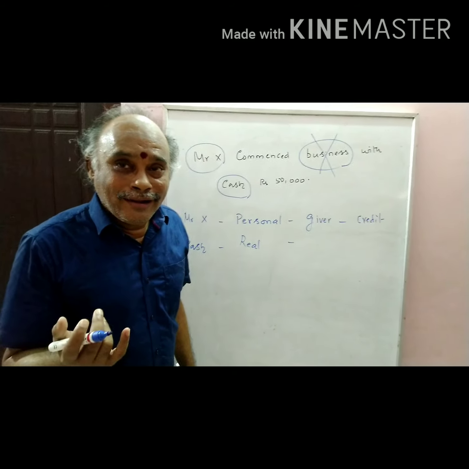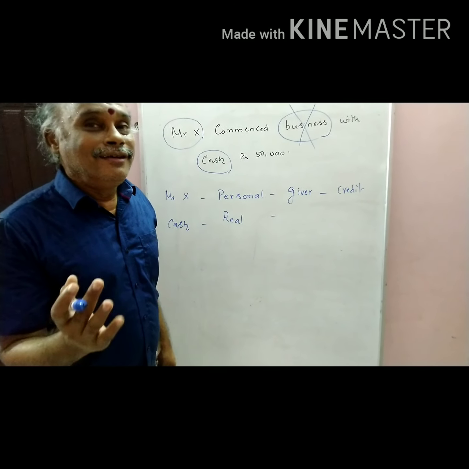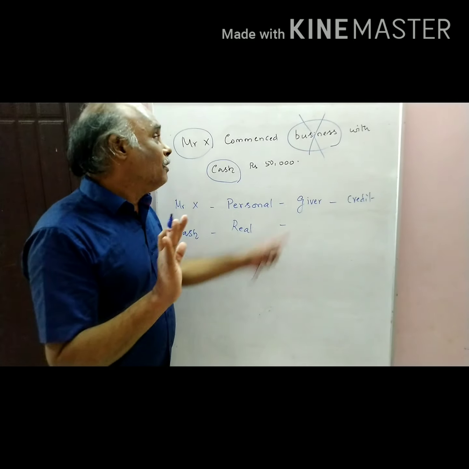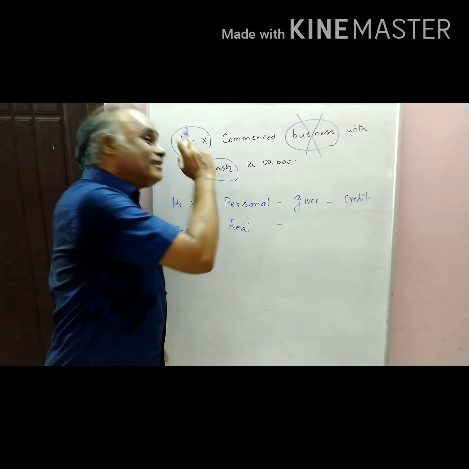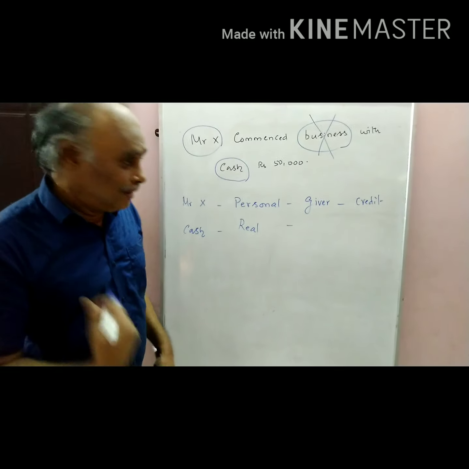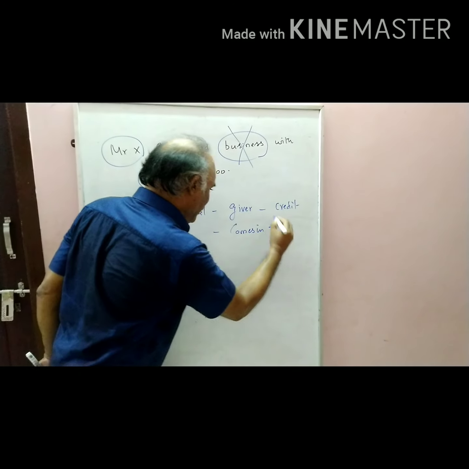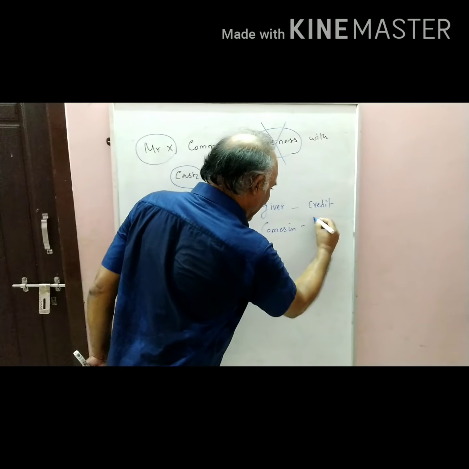For the real, the rule says whether it comes in or goes out. Now look at here, don't get confused. We are talking only from the business angle, and for the business, X is giving money, cash is coming in. So cash comes in, and whenever it is coming in, what does the accounting rule say?